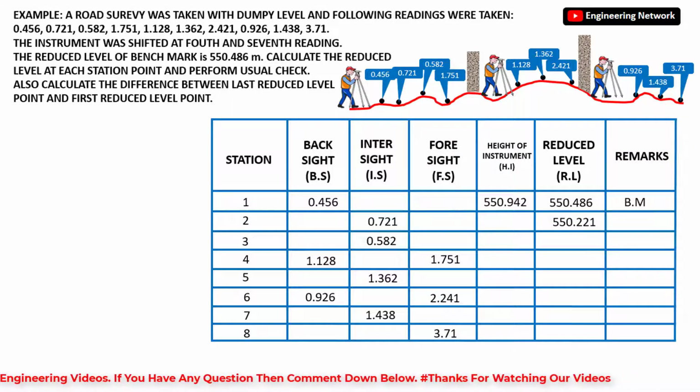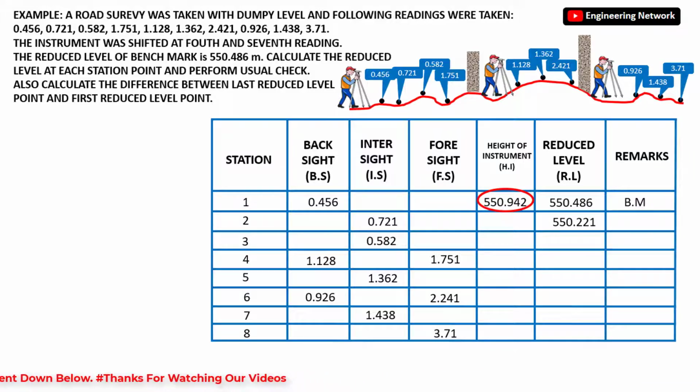At station 3, reduced level is equal to 550.942 minus 0.582, and it will become 550.36. At station 4, reduced level is equal to 550.942 minus 1.751, and it will become 549.191 meter.